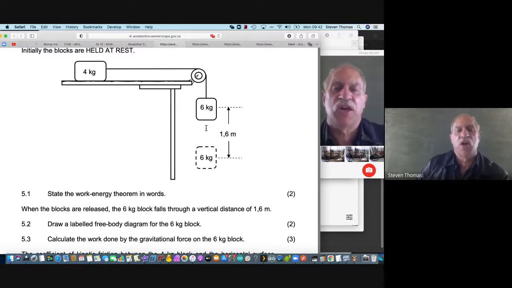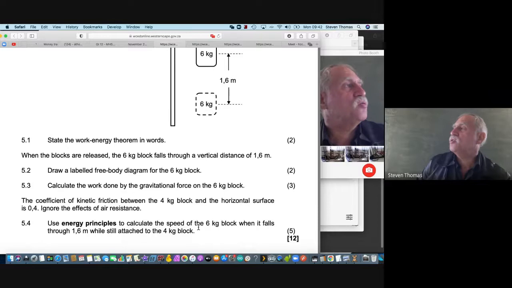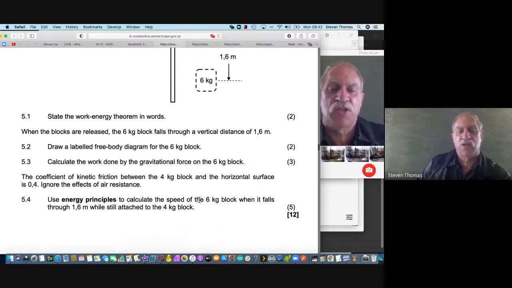So if we say change of kinetic energy, so what is using the work-energy theorem, right? That's when they say use energy principles, they say use one of those formulas. So let's just say we take the work-energy theorem, which is work net equals change of kinetic energy. So if we find the change of kinetic energy, we'll be able to find the speed, okay?